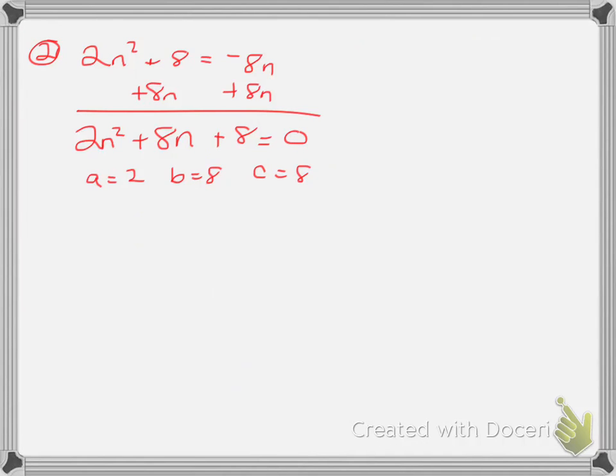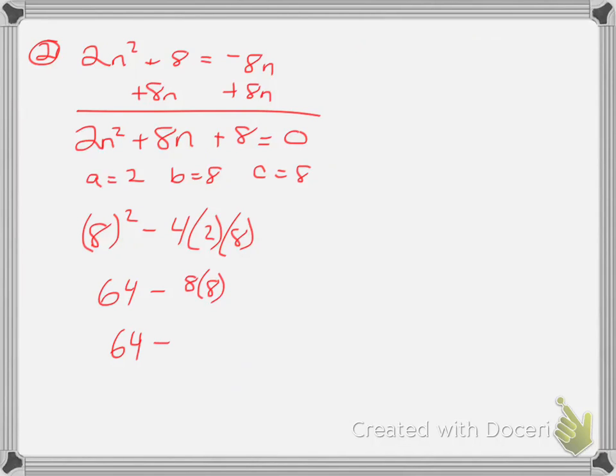So I have B squared, which is going to be 8 squared minus 4 times 2 times 8. So 8 squared is 64, minus 4 times 2 is 8 times 8.